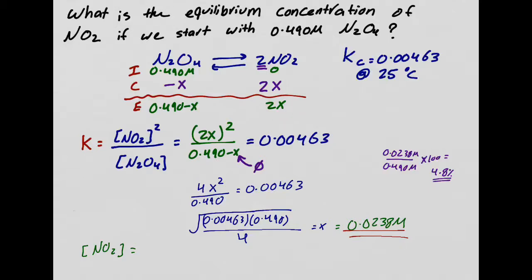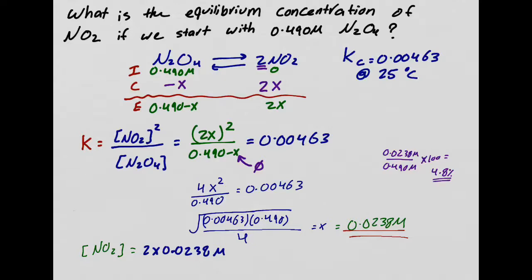Do you agree? At equilibrium, NO2 is 2 times x. So it'll be 2 times 0.0238 molar. That would give me the NO2 concentration. Yeah, you guys got this down? Okay, nice job.